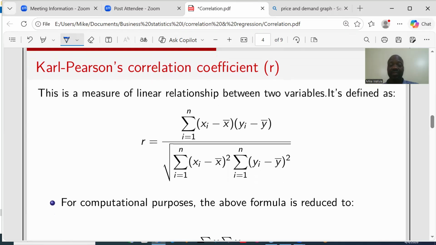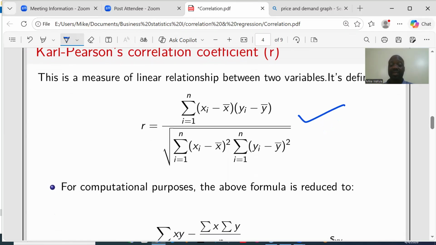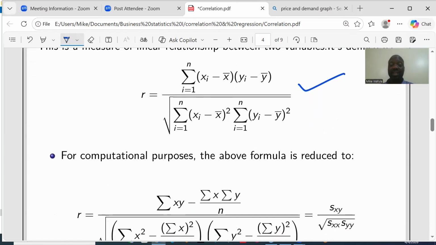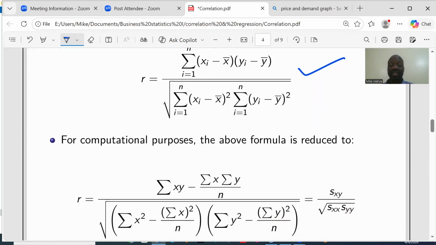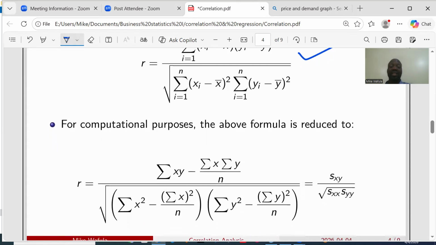By definition, correlation is given by covariance divided by the square root of the product of the variances of the individual variables. So this is the definitional formula. But for purposes of computation and in classwork, you'll find that the definitional formula is sometimes cumbersome and tedious to use, and it is easier to compute using the equivalent computational formula.